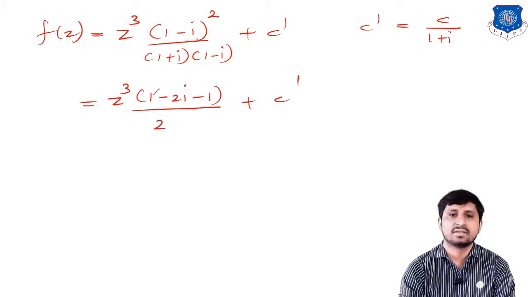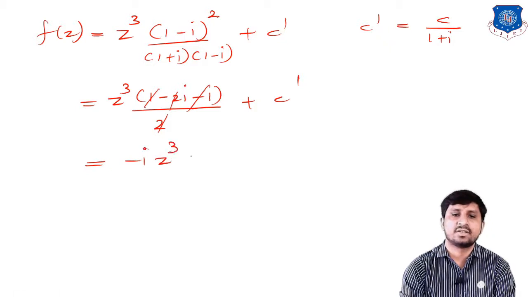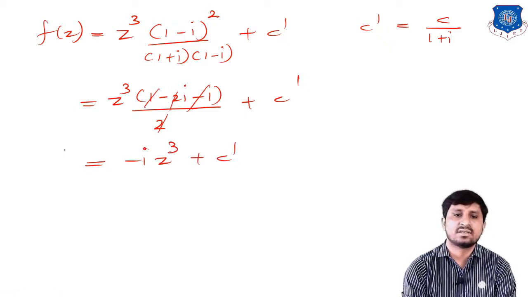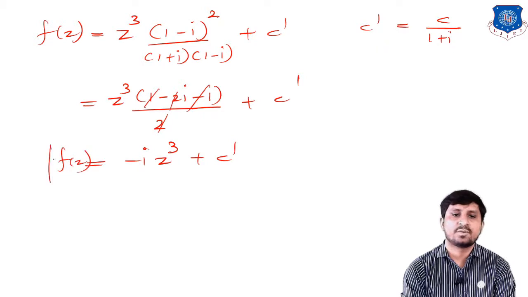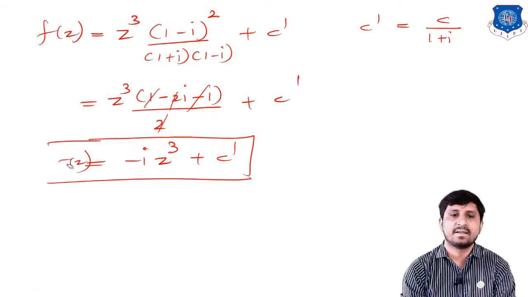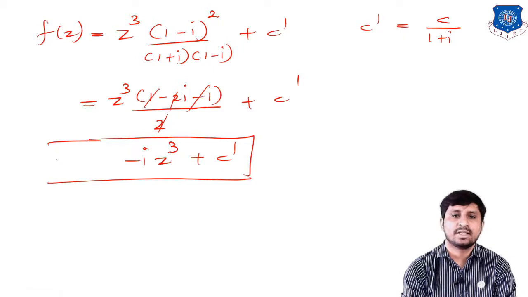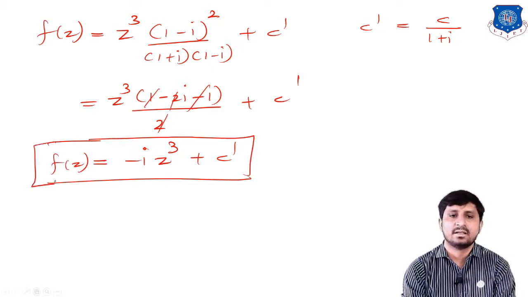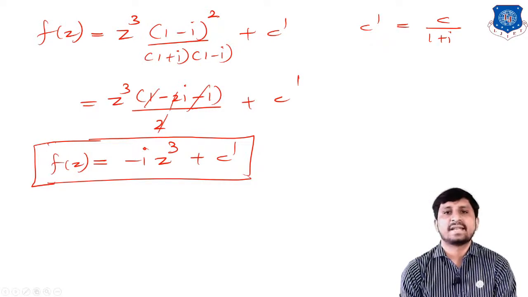So this 1 minus 1 cancels out, and this 2 also cancels out after that. So the final answer is minus i z cube plus c dash. So this is my small f of z. The value of small f of z is equal to minus i z cube plus c dash.